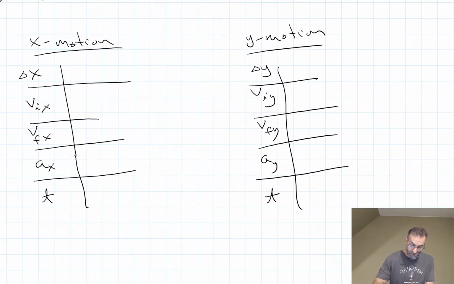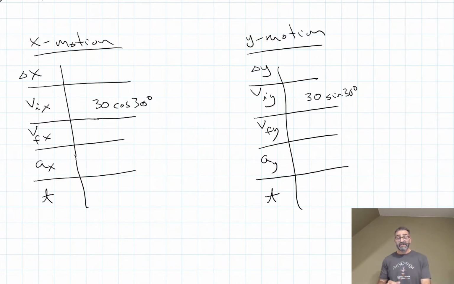So I can start filling in some of this information. I know my initial velocity in the x direction and the initial velocity in the y direction, and those are both positive.